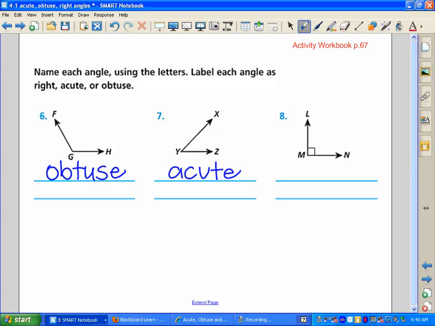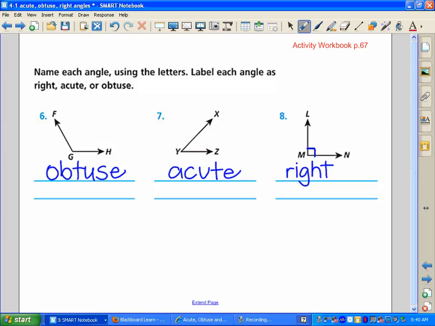And our last one? Right angle. It is perfect. It tells us right here by the square that it is a right angle. Okay. Now we have named our angles.